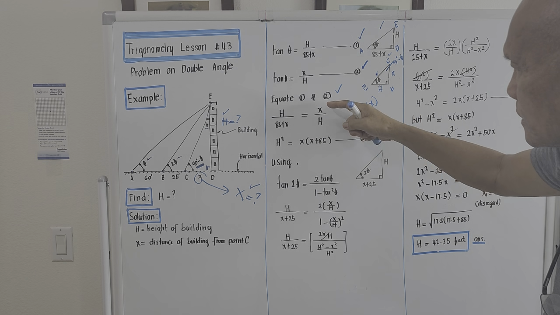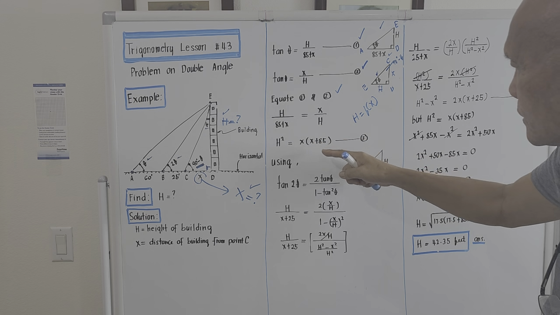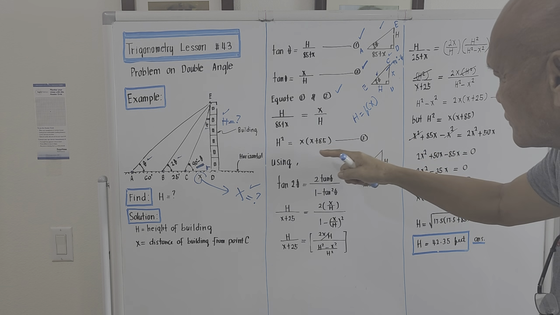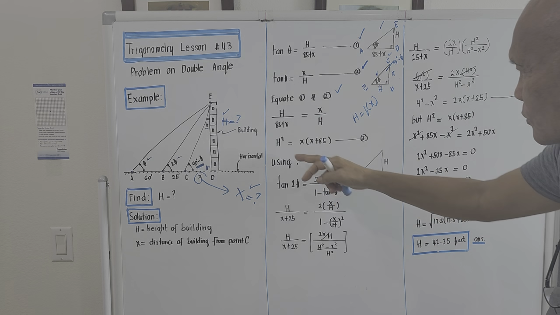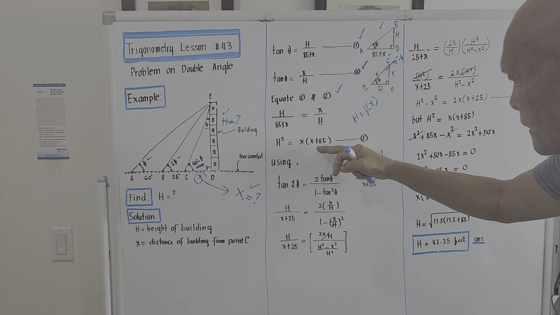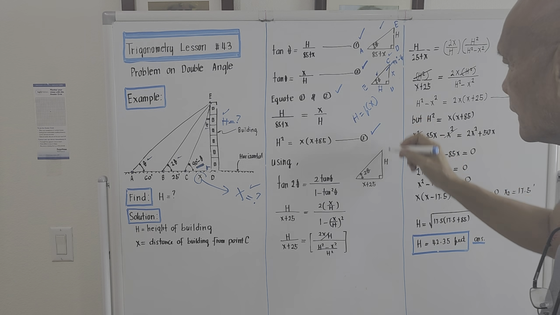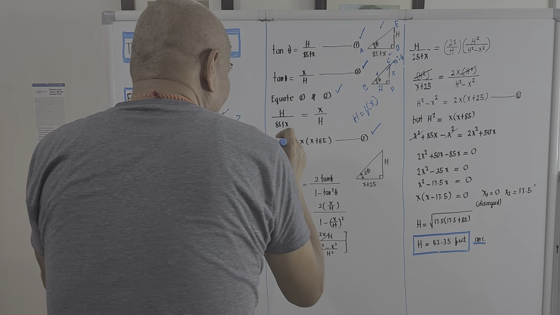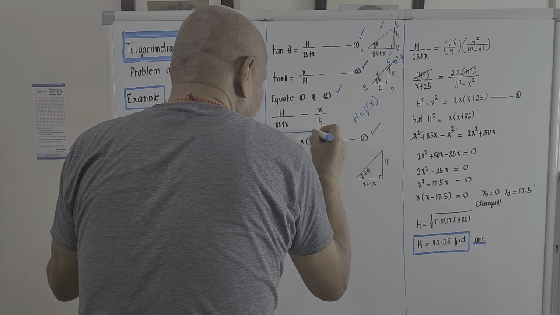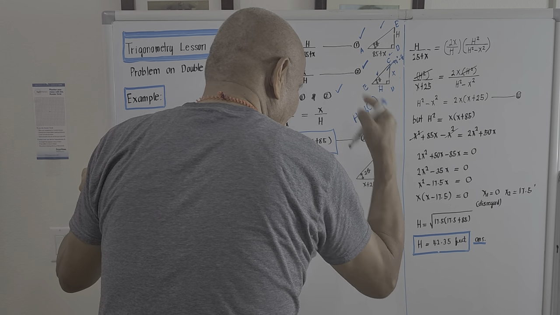The right hand side will be the product of x times the quantity x plus 85, or 85 plus x, it is the same. So h squared will be the product of x times the quantity x plus 85, and this will be equation number 3. Later on, we will be using this relation here, so we take note of this one. That's why we call it equation number 3.